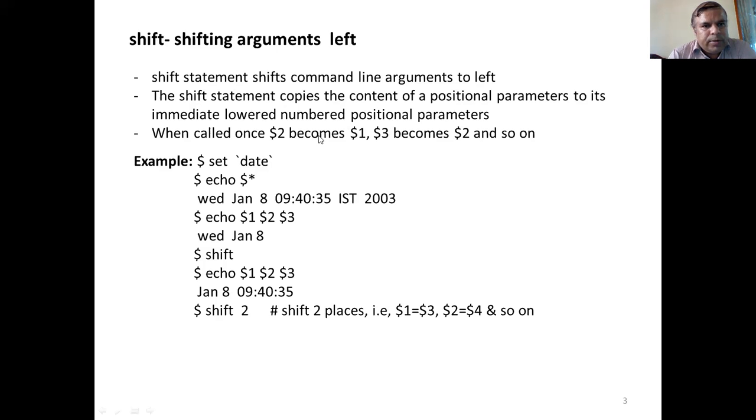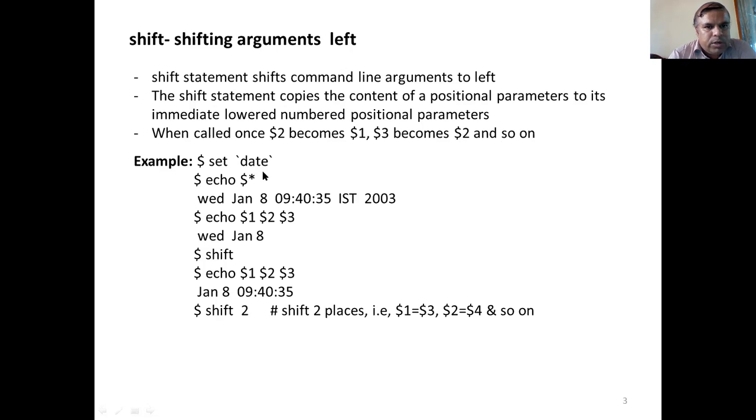So when called once, the shift statement makes $2 become $1, that is $1 is equal to $2, $3 becomes $2, so $2 is equal to $3, and so on. So here is an example.